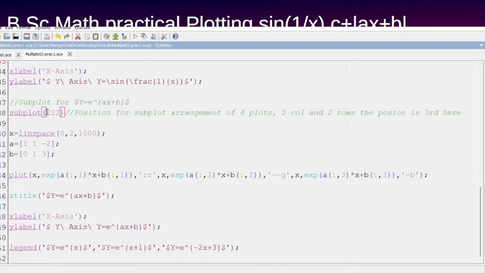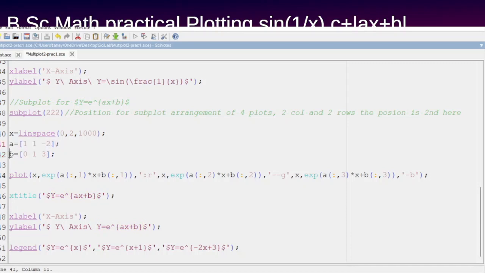Next, what I do, this is 2 2 2. So 2 rows, 2 columns, and this is your second position, that is your top right hand corner block. And here I am plotting again a multiplot which is exponential of ax plus b, where a and b are natural numbers.